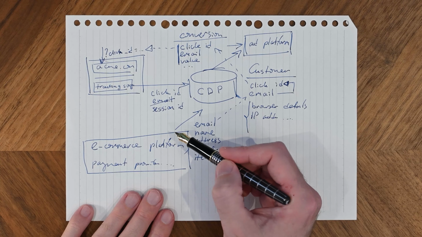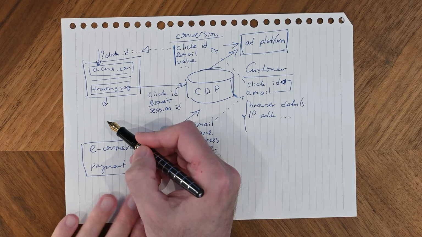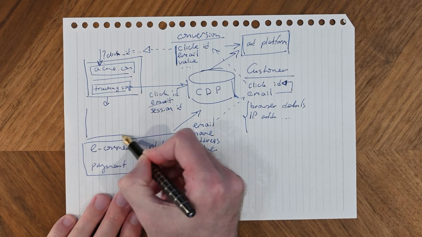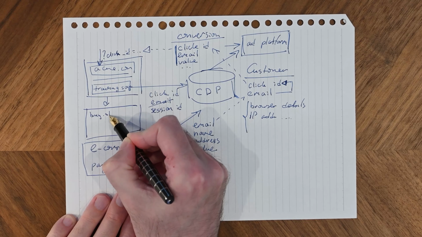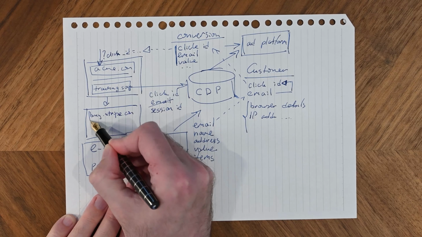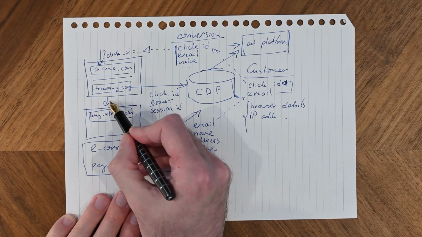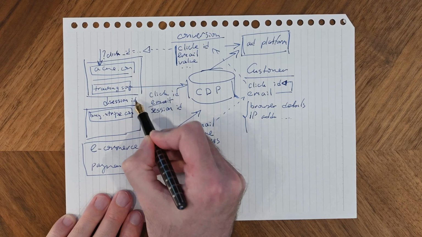The visitor then navigates to that platform, such as buy.stripe.com. And this session identifier that's been assigned by the browser is being passed as a URL parameter to the third-party platform.